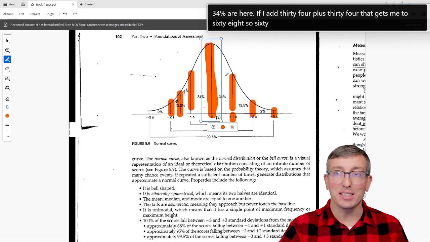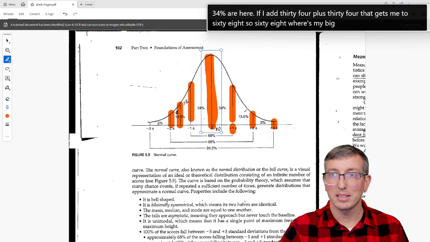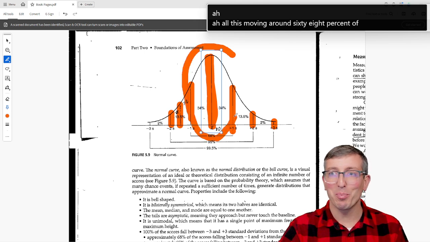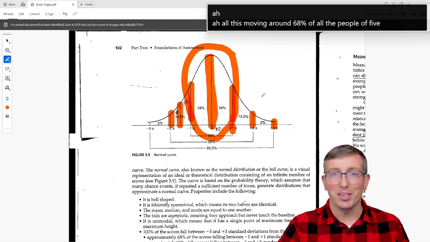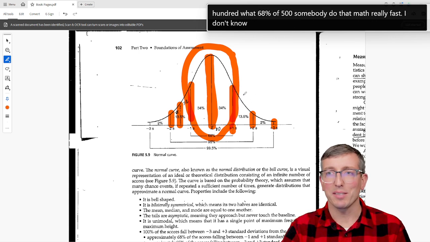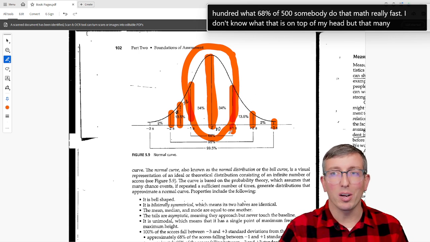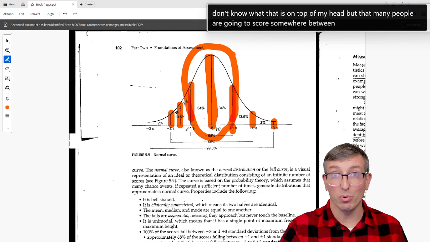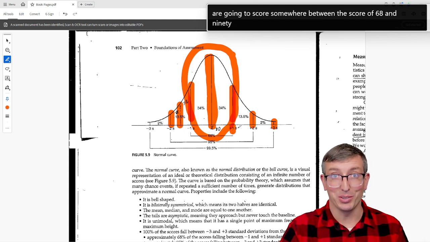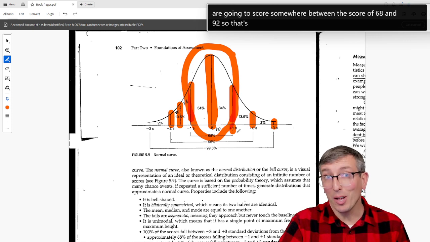So 68% of all the 500 people. What's 68% of 500? Somebody do that math really fast. I don't know what that is off the top of my head. But that many people are going to score somewhere between 68 and 92. So that's really helpful information.